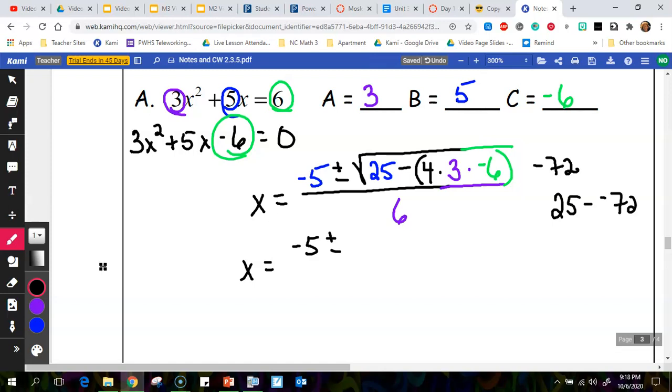So that's plus positive 72. That's going to be 97. Did I do that right? Let me make sure. I think that's right. So this is the square root of 97 over 6.